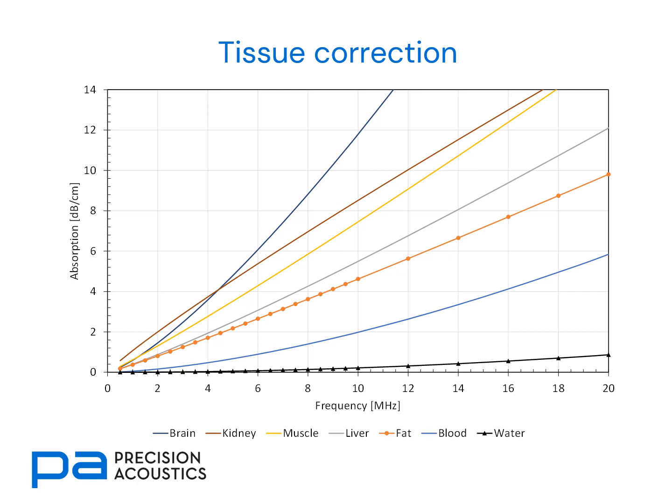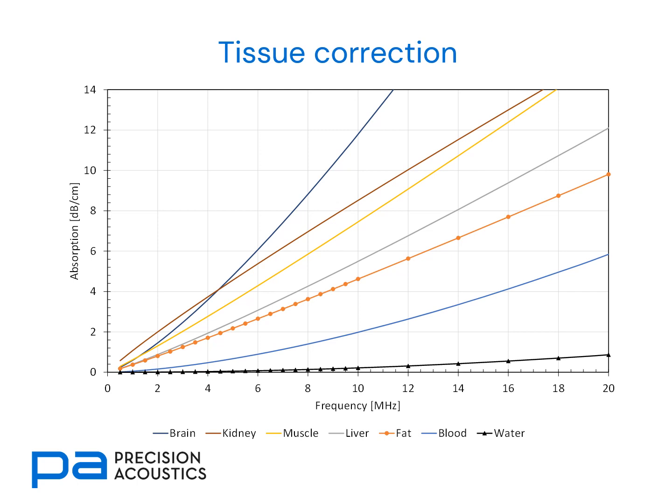Therefore, if we are making measurements in tissue, we're likely to see very much smaller pressures and therefore very much smaller intensities because signal has been absorbed getting to the path. In fact, this absorption is going to be dependent on both frequency and distance travelled. So it's got a dB per centimetre per megahertz variation.